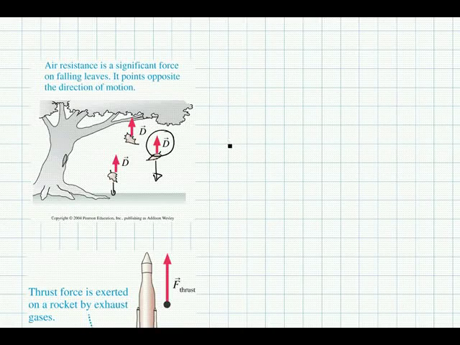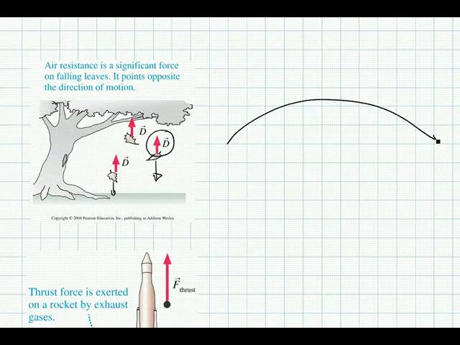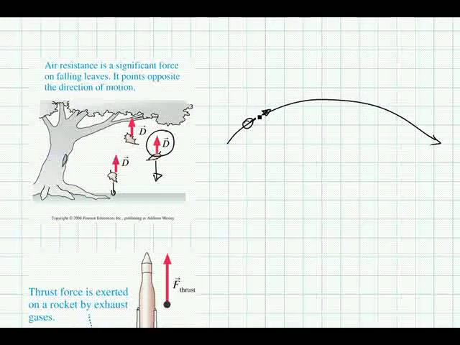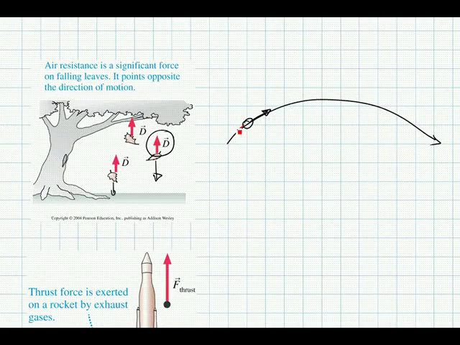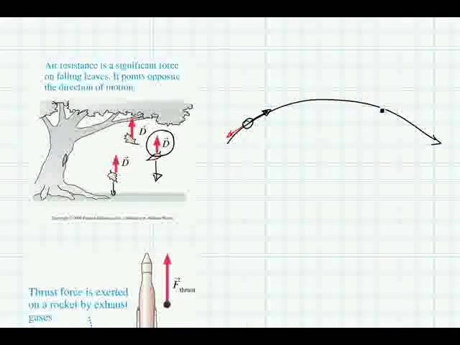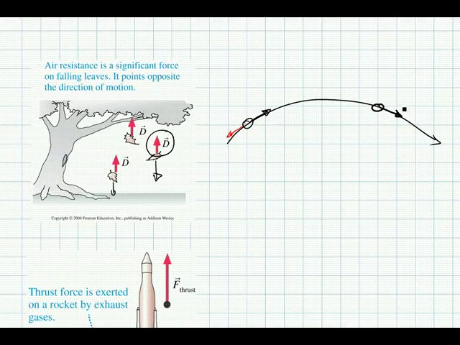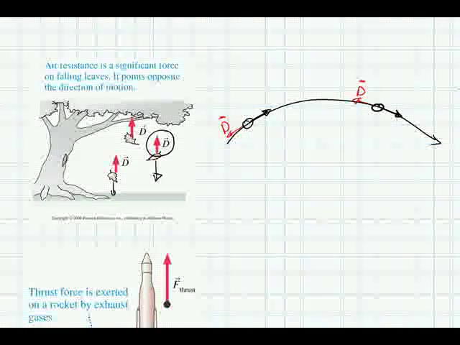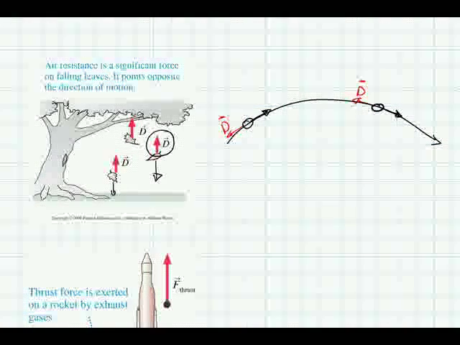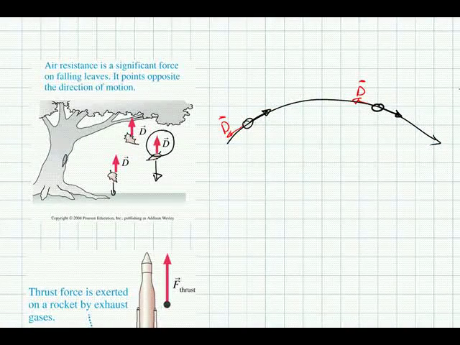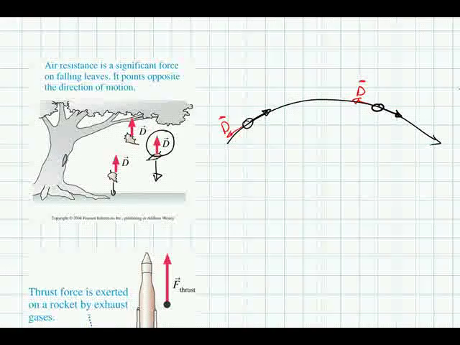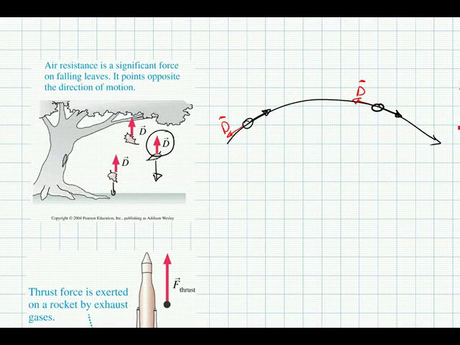If you have a baseball which is hit like this, while the ball is in motion here, air resistance on it is this way, and while the ball is here moving that way, the air resistance acting on it is this way. So this is drag, and the black arrows are of course the velocity vectors for the ball. Its direction is directly opposite that of motion.